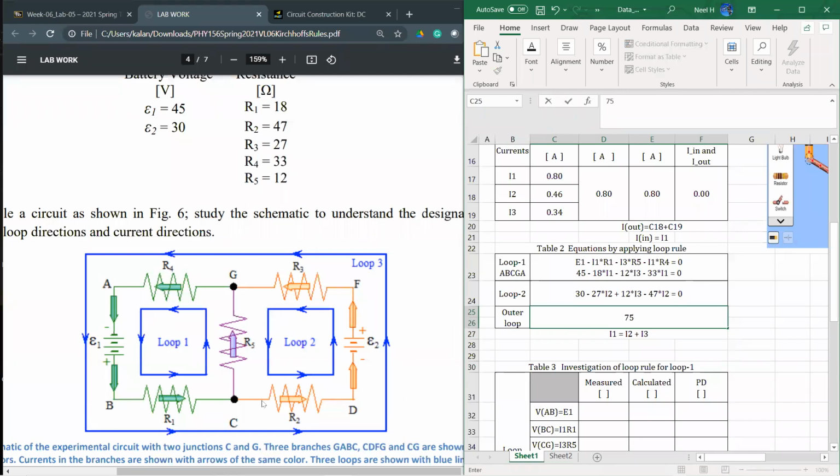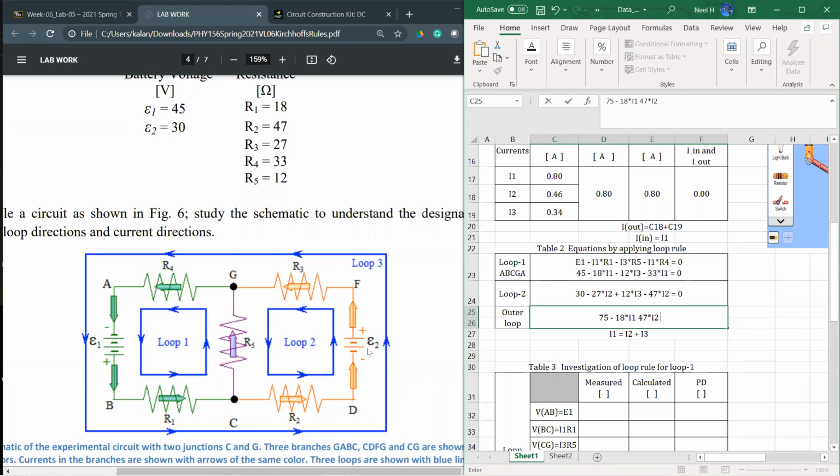That's the sum of all the voltages. Then you start back again here and collect all the I and R's. B to C, the current and loop direction are the same, negative sign, R1 is 18 times I1. C to D, the current and loop direction are the same, R2 is 47 times I2.